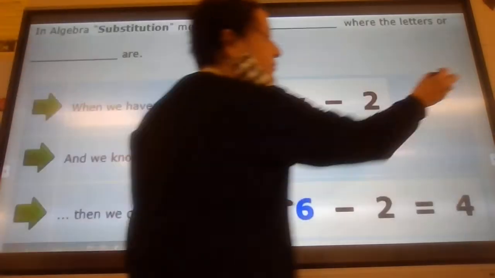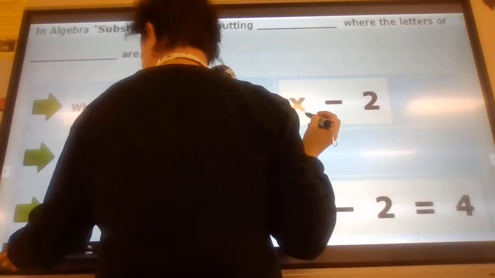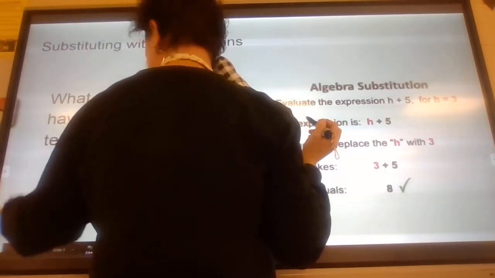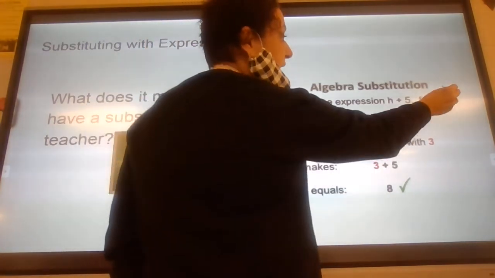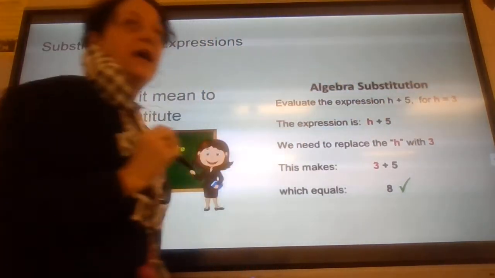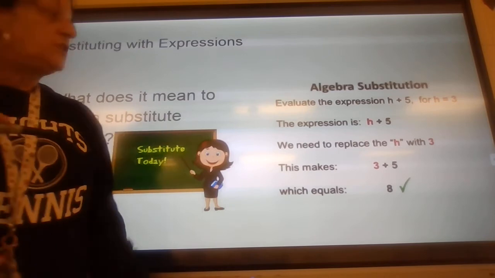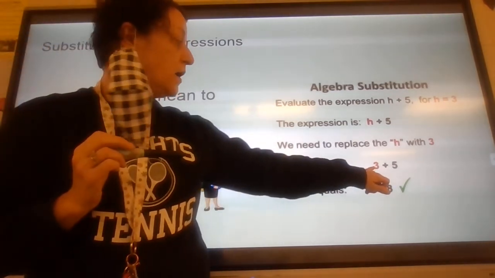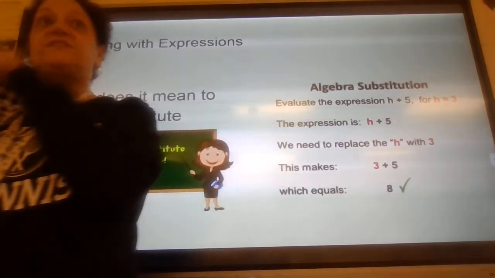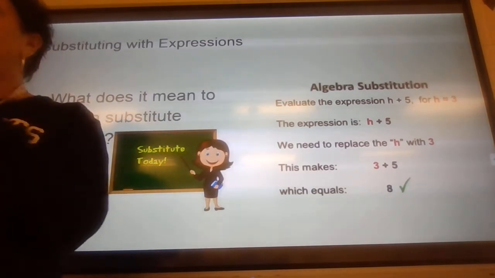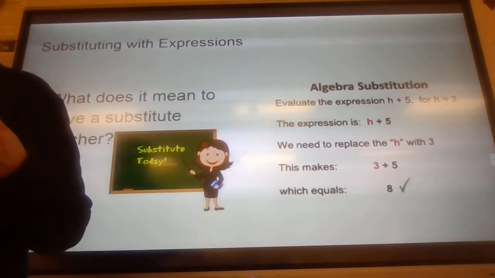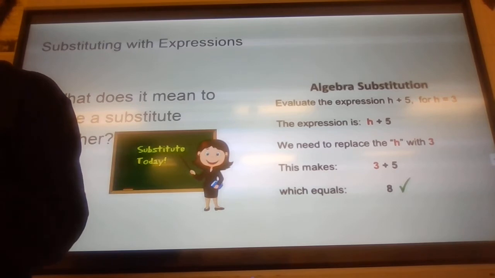We're going to take this 3 and put it right there in for h. So now it makes our expression 3 plus 5. And now we're able to get an answer. Now we can get an answer because we have substituted for the variables.